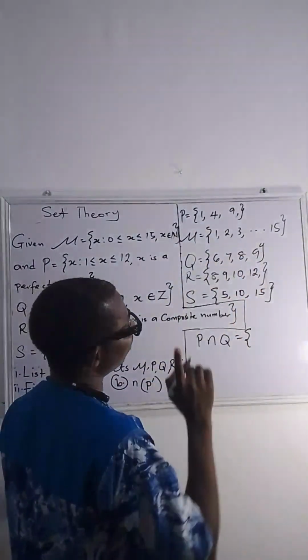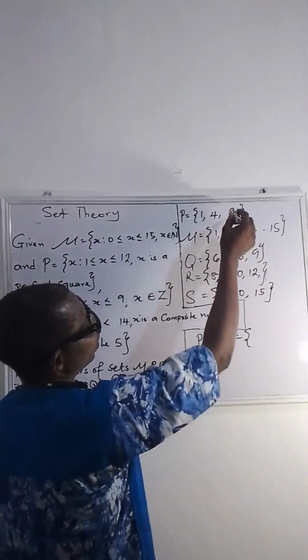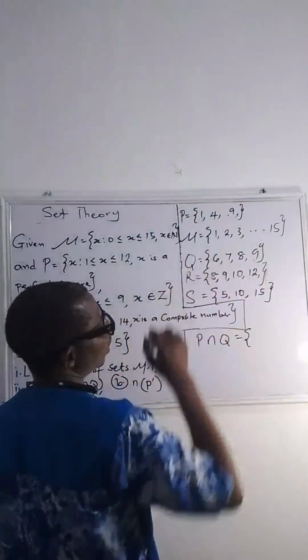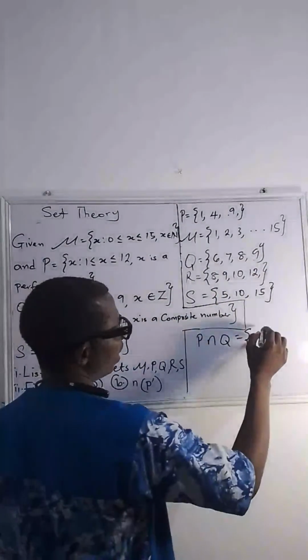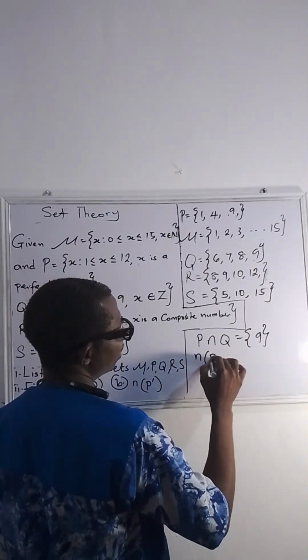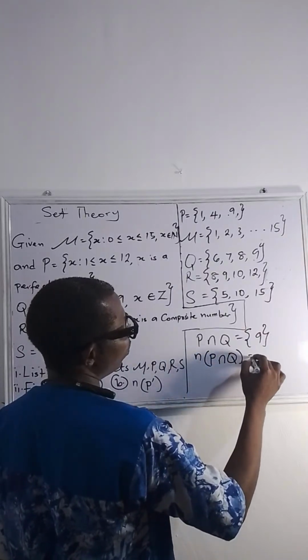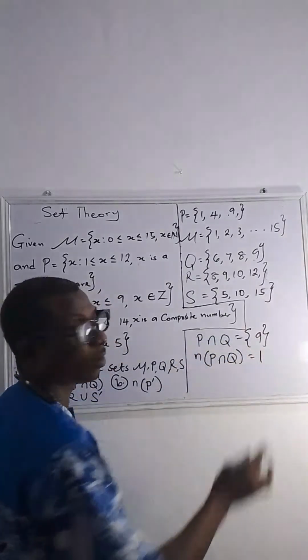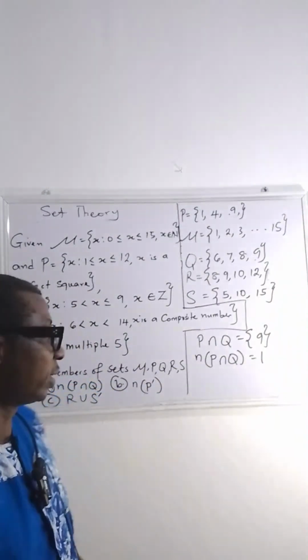Look at set P and set Q. 9 is here and 9 is also here. So I'm listing 9. There's no other number. So the number of elements in P intersection Q is 1. That is the answer to that.